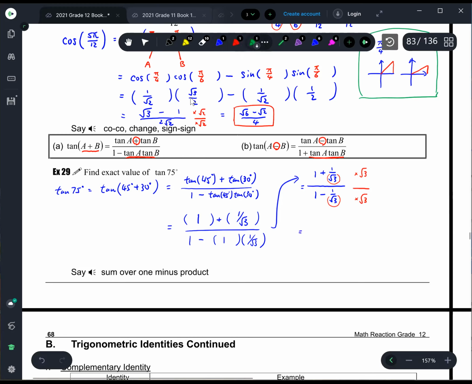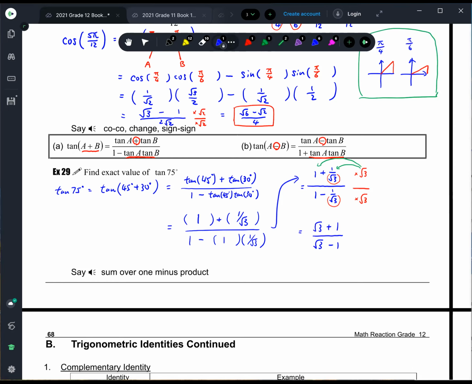So we distribute, multiply the first one, multiply the second one. Same thing with the bottom. So you will get root 3 plus 1 over root 3 minus 1. Any questions so far? Can you raise your hand if you get up to here? The point is to make it look simpler.